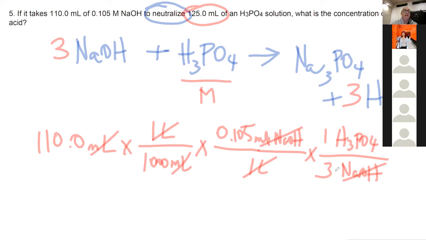So you can either just calculate moles of phosphoric acid at this point, and then divide by the volume, or you can just do another conversion. What would the last conversion be? 1,000 milliliters over a liter.